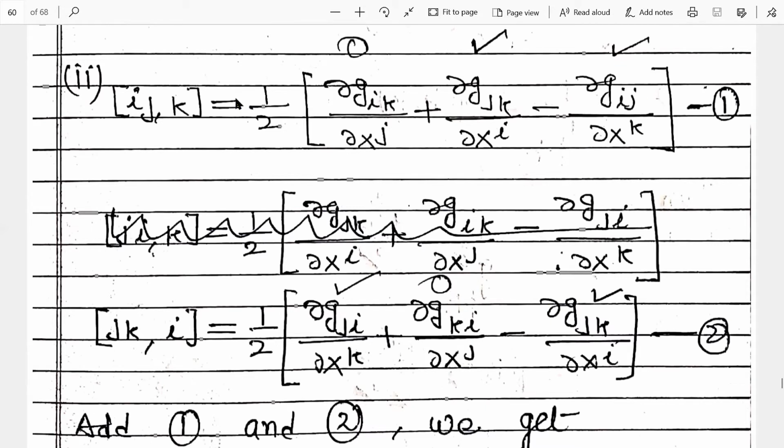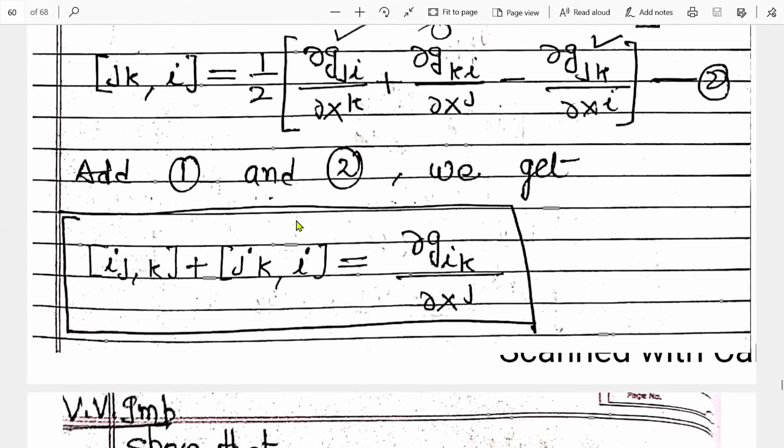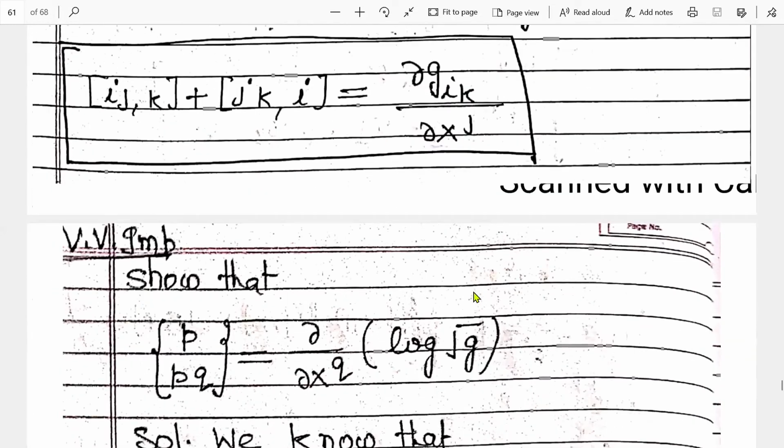So what do we get? 1/2 of this, 1/2 of this. Because of the symmetry property, ik and ki are the same, so this will become 1, since 1/2 plus 1/2 is equal to 1. So we get [ij,k] plus [jk,i], which is equal to ∂g_ik/∂x^j. So that is our second result.